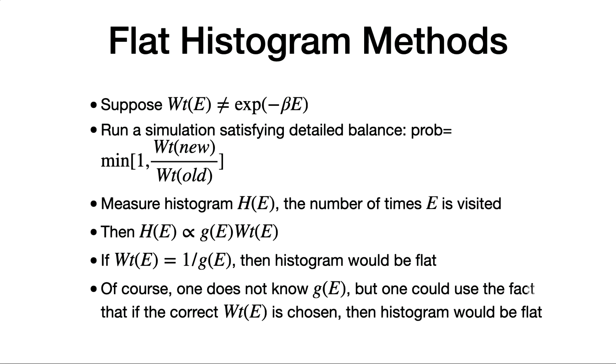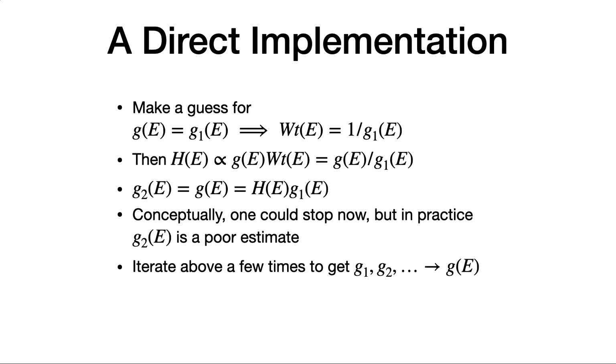Okay, let us do an example. When you start the simulation, we do not know the density of states, so you make a guess. Your G of E is G1 of E, maybe constant, maybe some parabola, something. Then, given G1 of E, your weight of E is 1 by G1 of E. Then you know your histogram should be G of E times weight of E, so this is the actual G of E divided by your guessed value G1 of E. So the histogram will look like this.